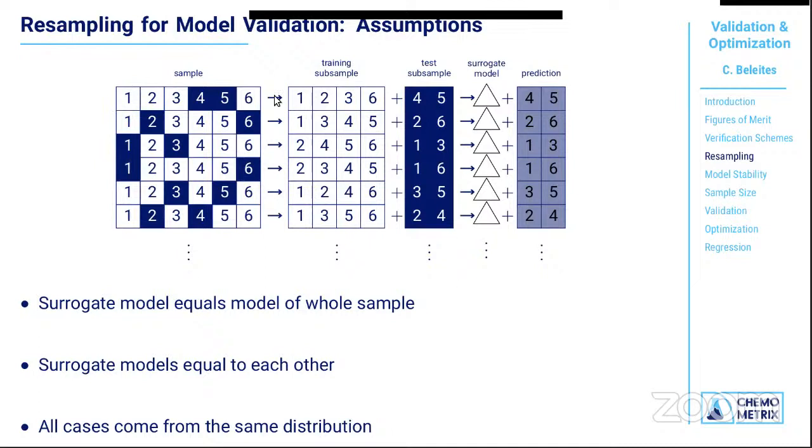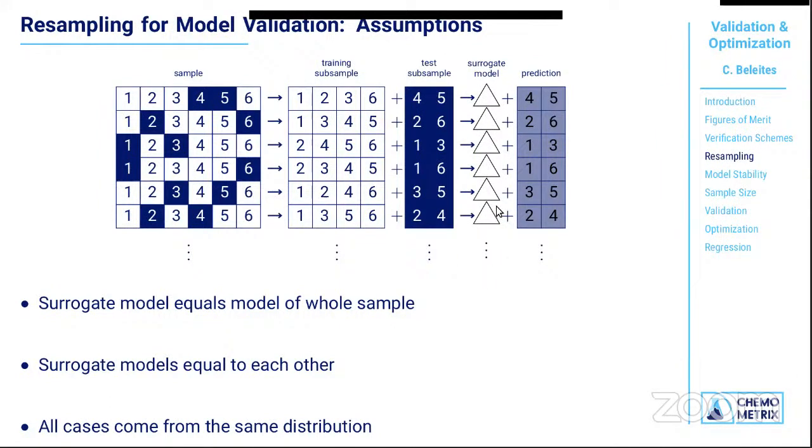But then there wouldn't be any test cases left. So we have this surrogate model, and those 2 cases here, 4 and 5, were left out. So we predict them in order to get them as independent tests. Then we go on and on and on. In the end, we have 6 different surrogate models.